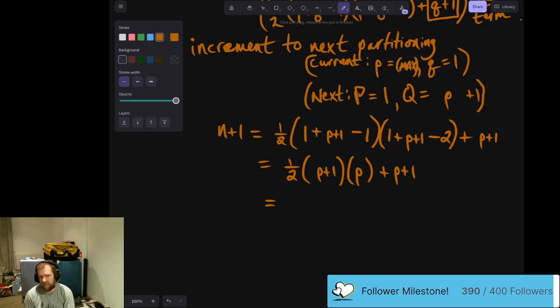Again, either P or P plus 1 is even, so this is going to come out as an integer. This is like P squared plus 1/2 P. This makes it 3/2 P plus 1.